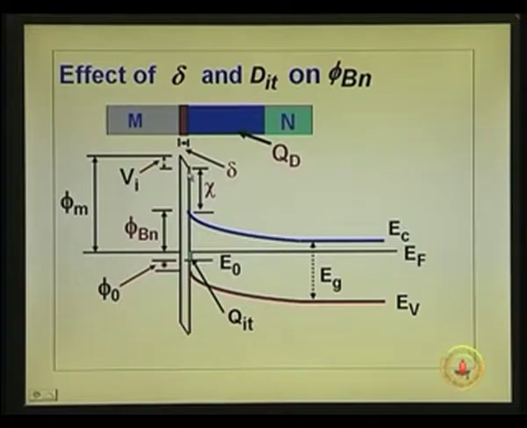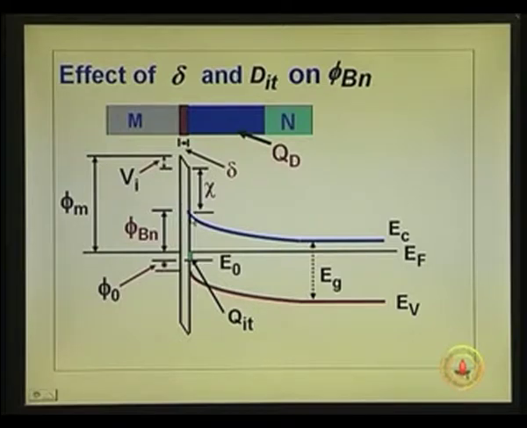Now, that additional drop I have shown in this polarity. It could be this way or the other way, because if it is this way, the barrier height will be less than phi minus chi, depending upon what charge is present here, that is depending upon the relative position of the Fermi level to the E naught. You will have plus charge or minus charge, and each has some polarity.